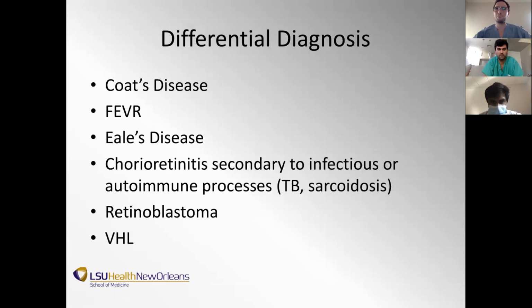Okay, so Coats disease would obviously be on top of the differential, but consider things like Eales disease, some other type of chorioretinitis secondary to an infectious or an autoimmune process, especially given her history of a positive TB spot test, or possibly something like sarcoidosis, retinoblastoma, which should be included in the differential for any type of leukocoria, or von Hippel-Lindau.